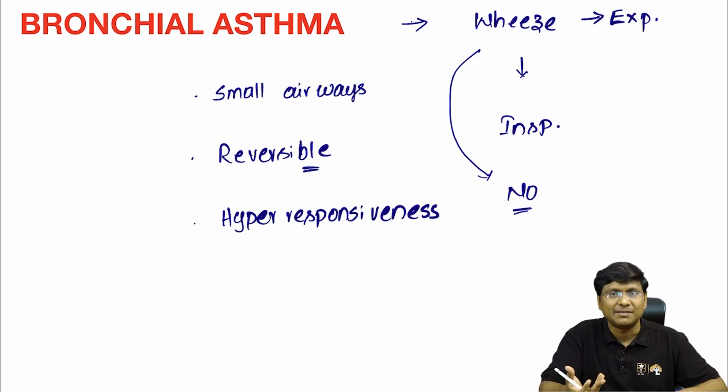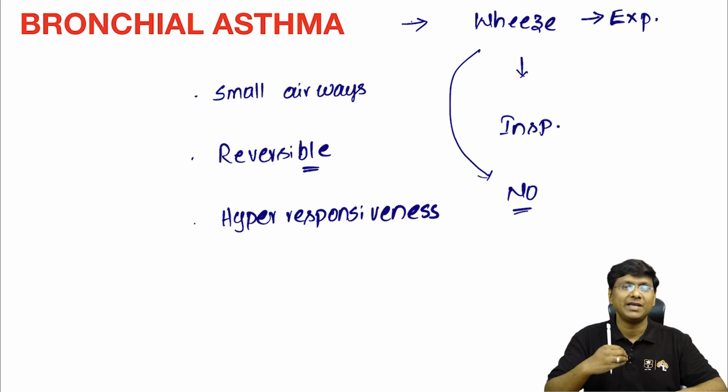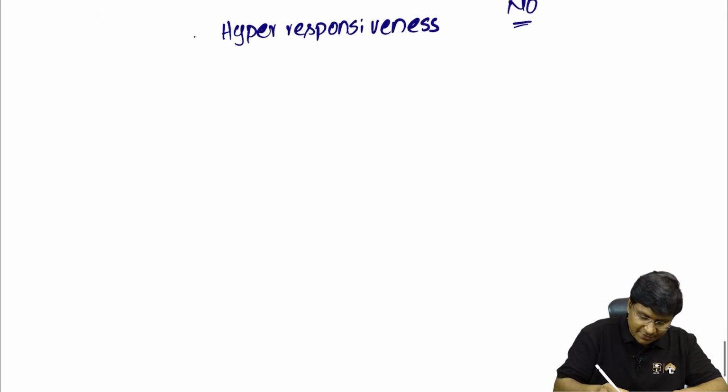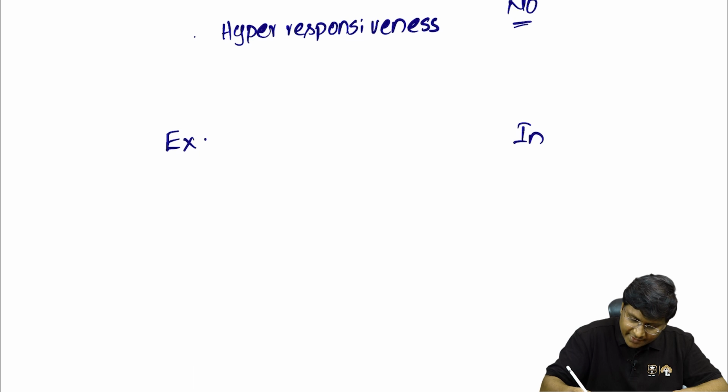A silent chest means a very severe form of asthma where the bronchoconstriction is so severe that air is not moving in or out, because of which the wheeze is completely absent.